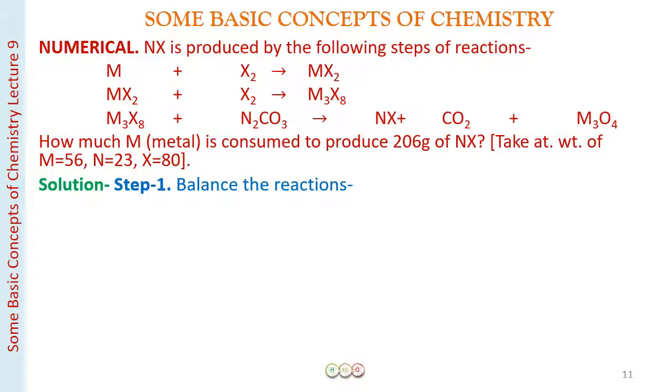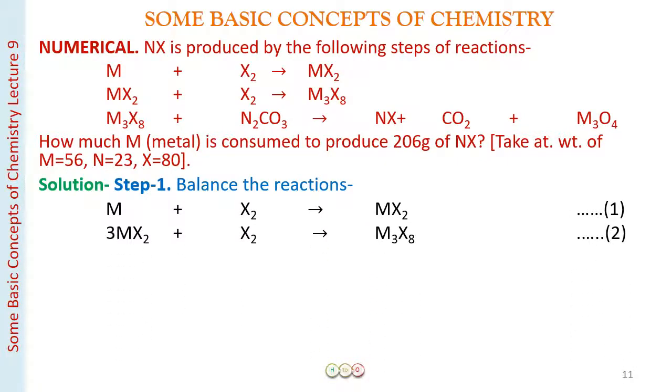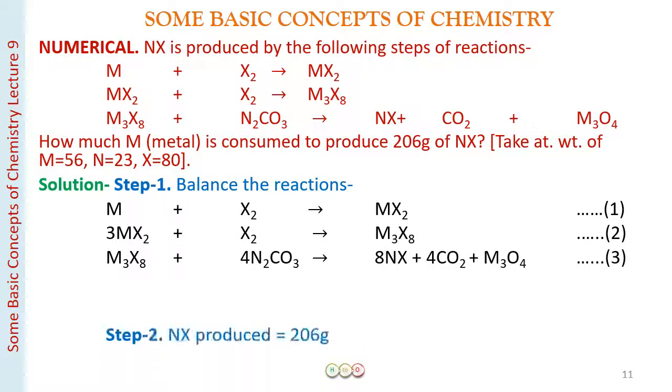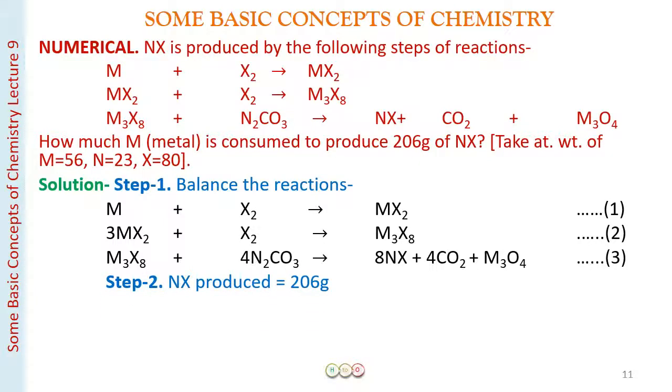So the first step is obviously, for anything, going to be balancing the reactions. So I hope this is not going to be difficult for you. Now the second step, we are given 206 grams of NX. So what we are going to do is convert this into the moles of NX which is being produced, right?